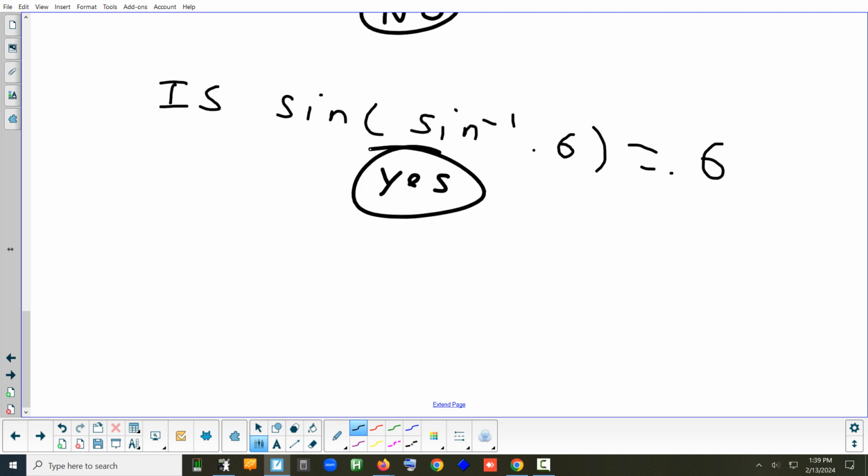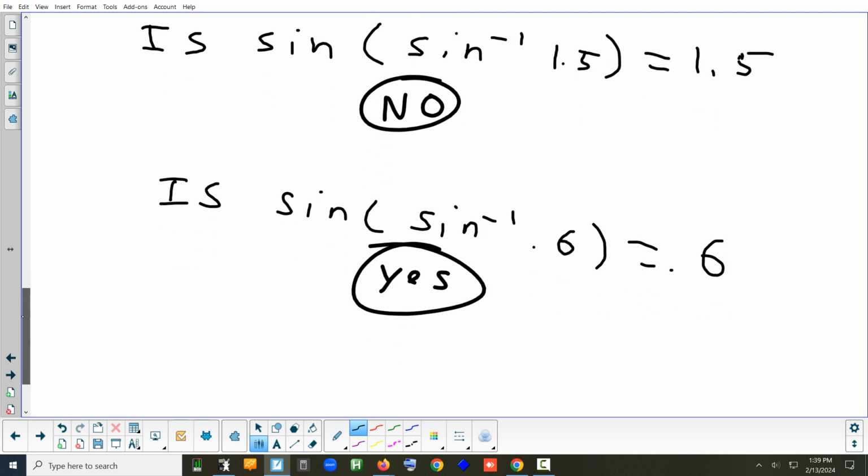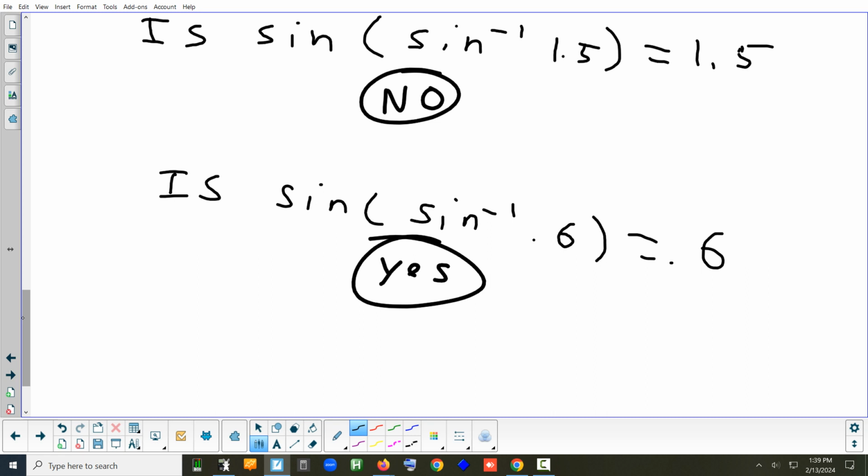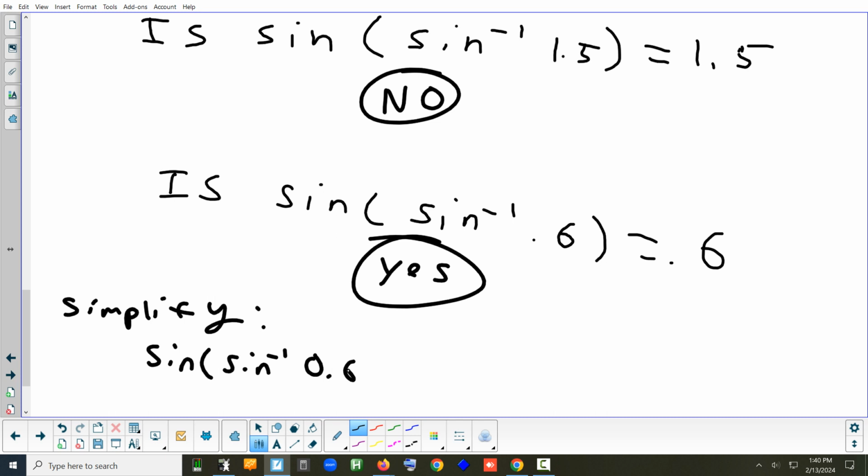So any question on using those formulas? Okay, yep. Can you scroll up a bit? So the other way you could see the question worded, instead of a yes or no, you could say simplify, and then it would say like the sine of the inverse sine of 0.6. If the question says to simplify, don't put yes.